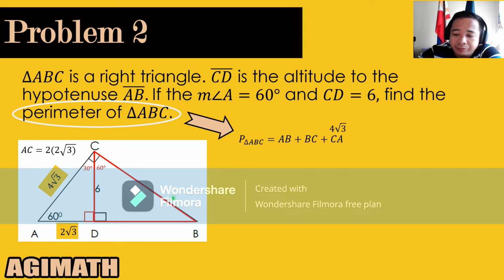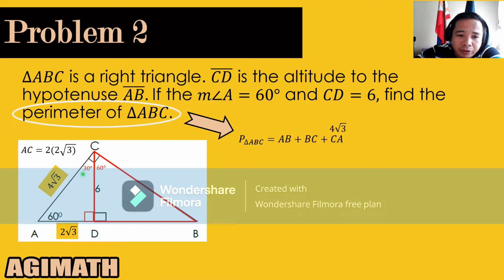So we started this earlier. We have this angle as 30 degrees, and at the very beginning, we know that the measure of angle C is equal to 90 degrees because it's a right triangle.